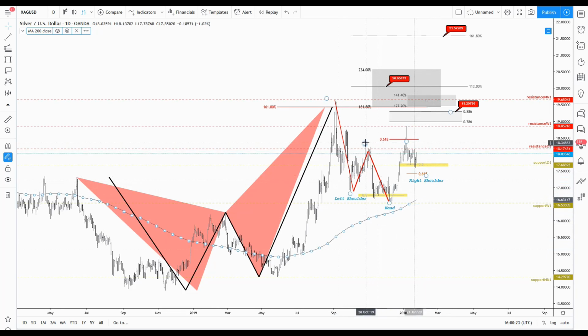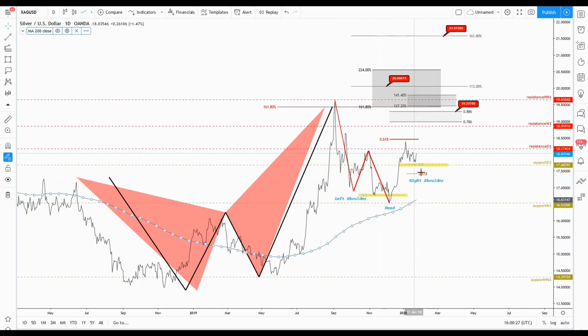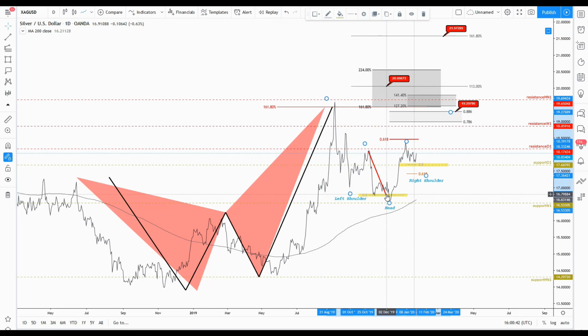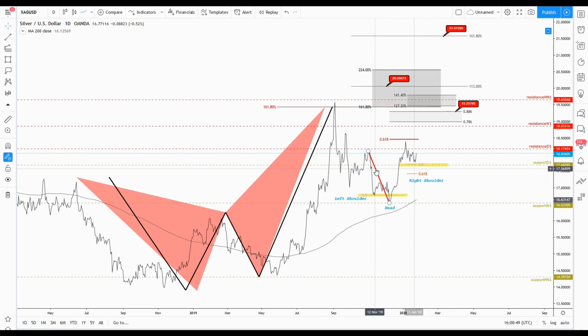Let me change this into a line chart. I believe it will be much easier to share my view here. Oops, what have I done there? Okay. So we have this eventual neck zone. Usually we tend to search for horizontal necks.